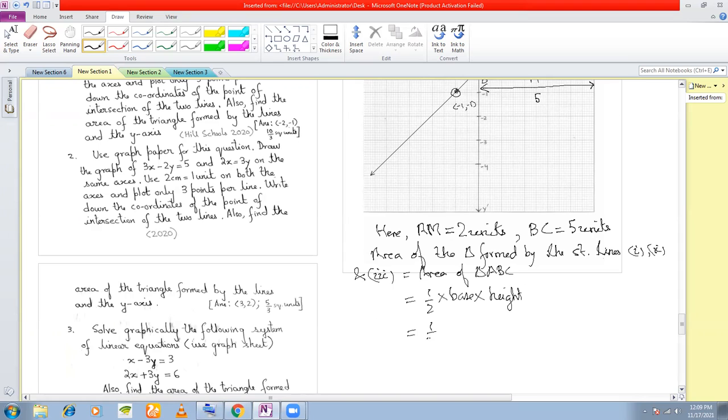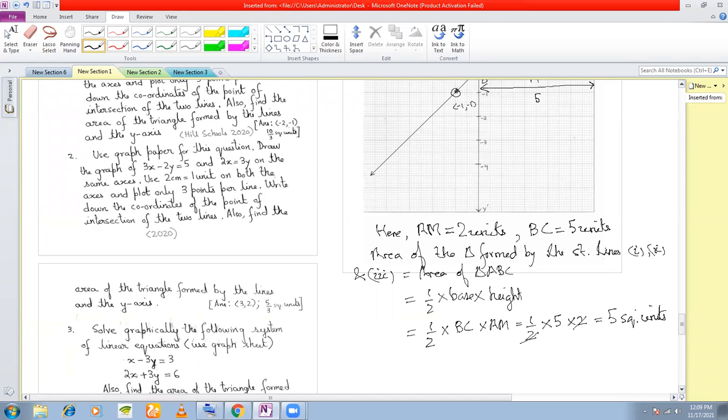Base is BC, and height is AM, which is equal to half into 5 into 2. This 2 cancels, so you get 5 square units.